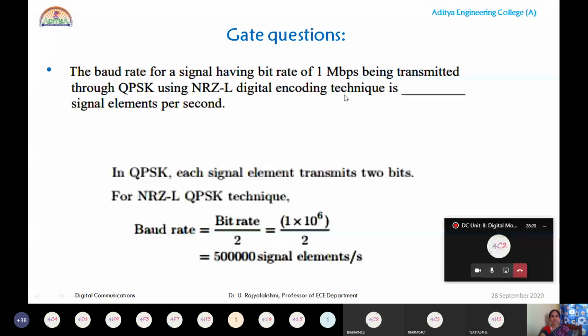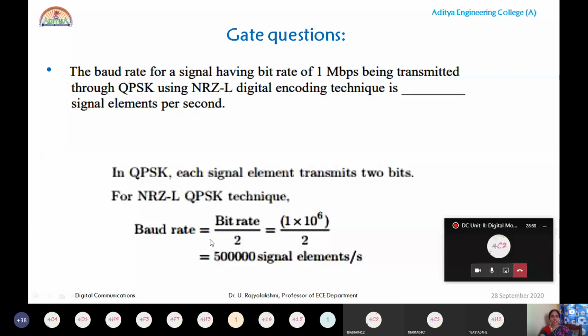Here the bit rate is given as 1 megabits per second, and in QPSK, what is the value of n? How many bits are grouped in QPSK? 2 bits, because with 2 bits you will have 4 combinations of phase changes, so 4 symbols will be there. So n will be 2 here.